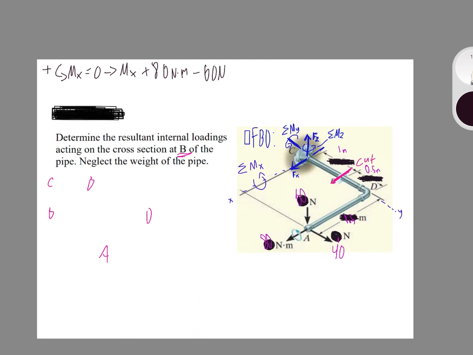Sorry, I'm working this out with y'all guys. And that is how many meters away? That is still 0.5 meters away, equals 0.